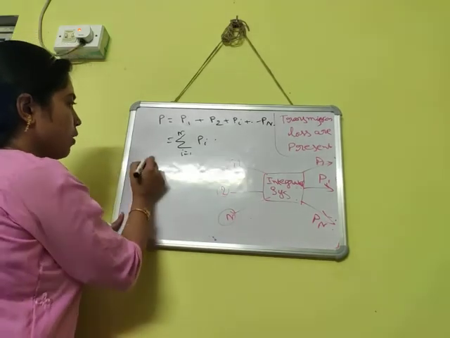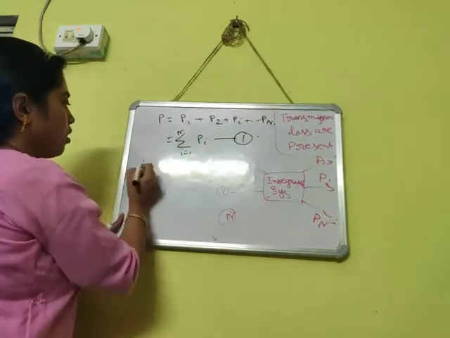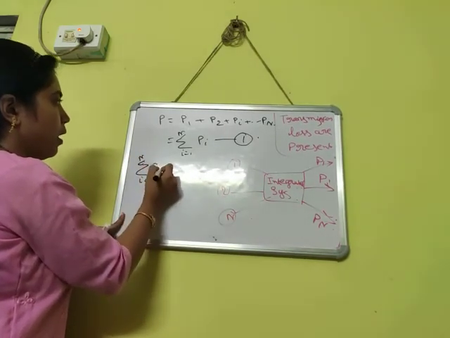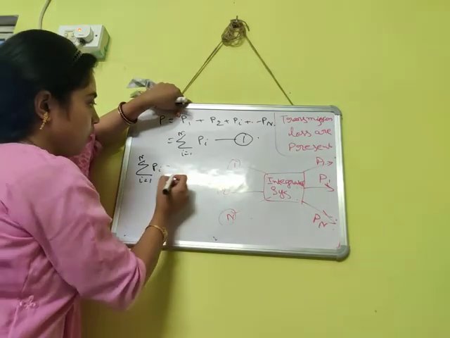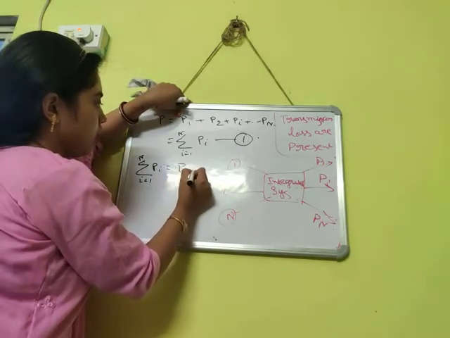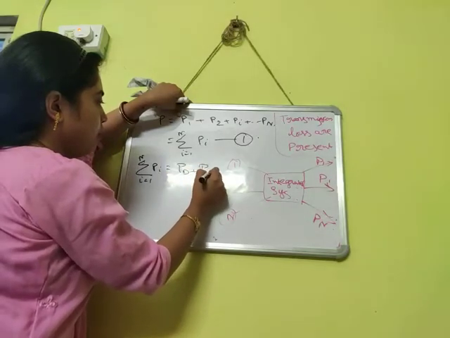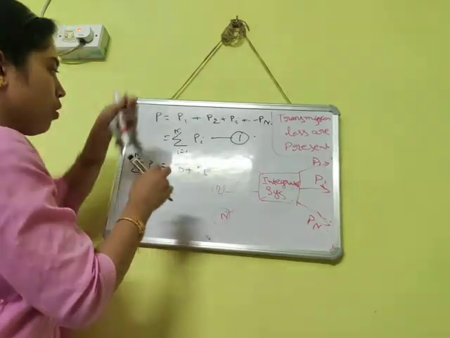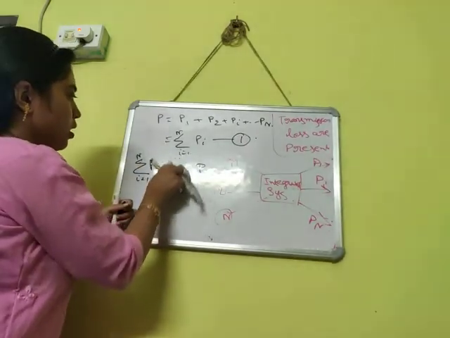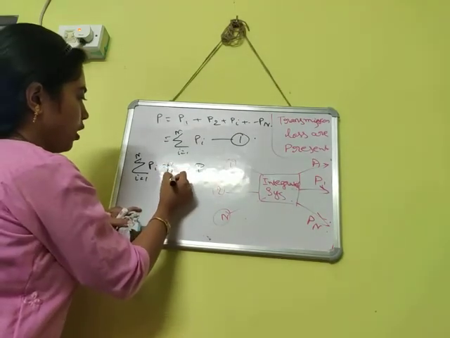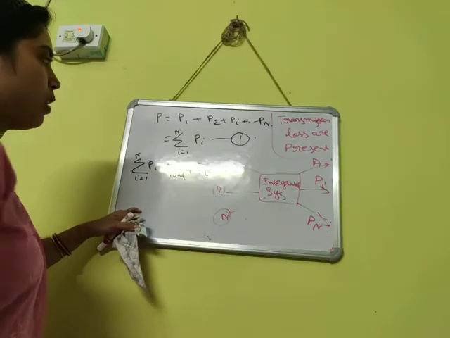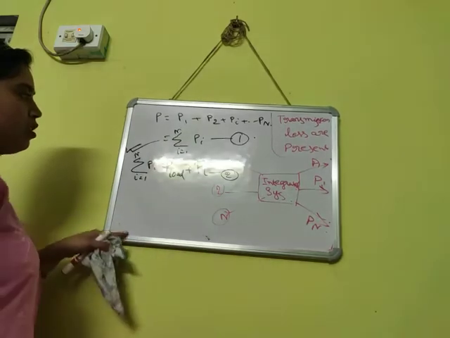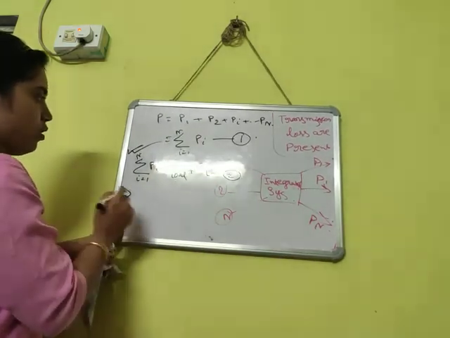So generation, here from equation number 1, becomes summation of i equals 1 to n Pi equals demand PD plus P loss, or we can write it like that, P load plus PL, that is represented in equation number 2. That is our constant.